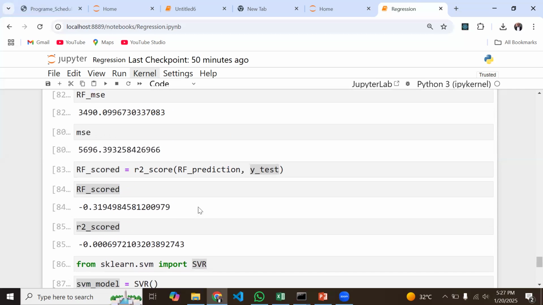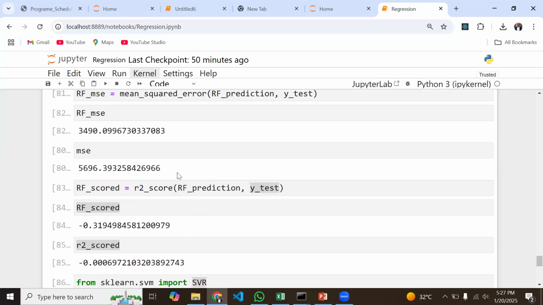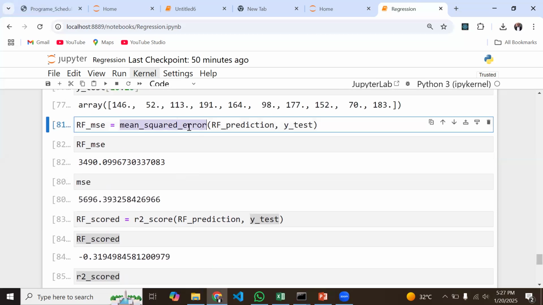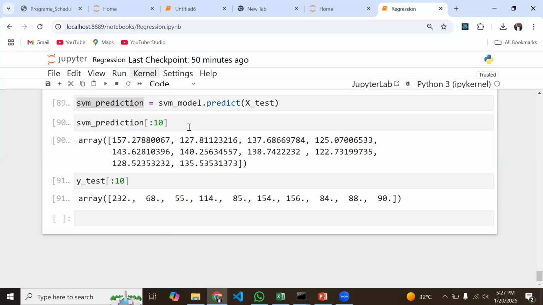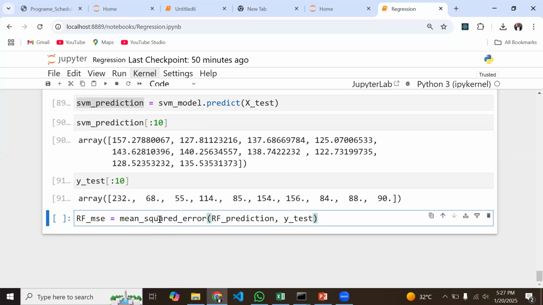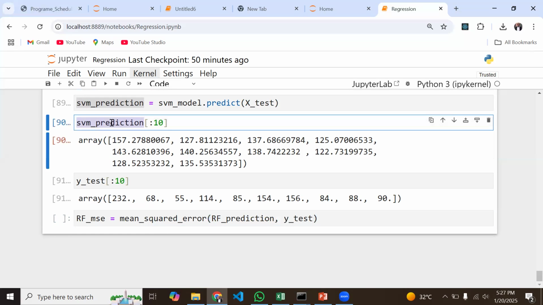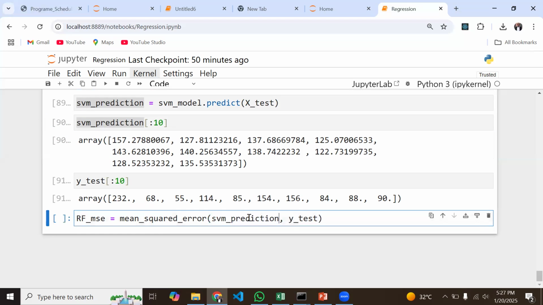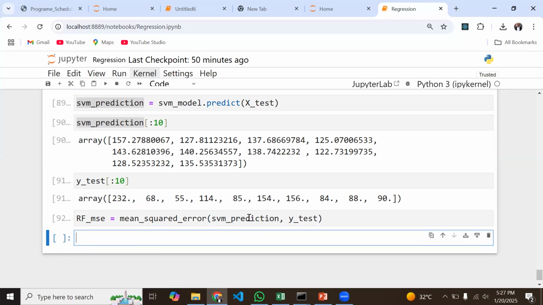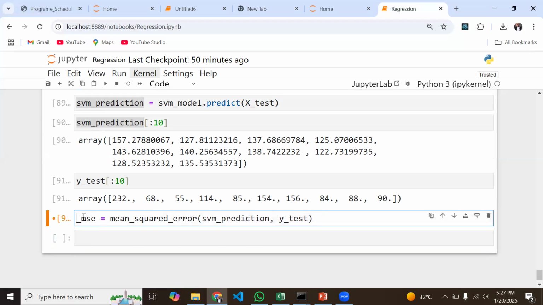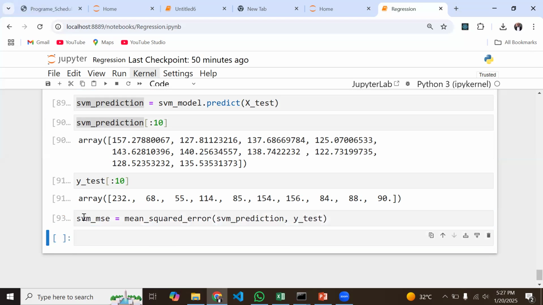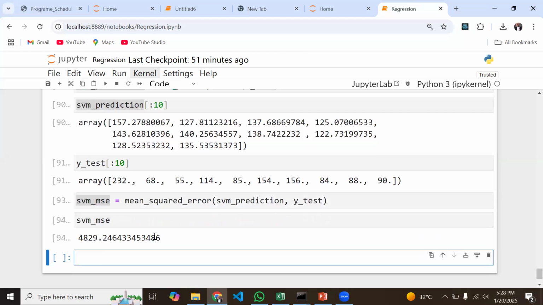So once again, let me copy this one. And then we need this prediction over here. Oh, sorry. SVM. All right.